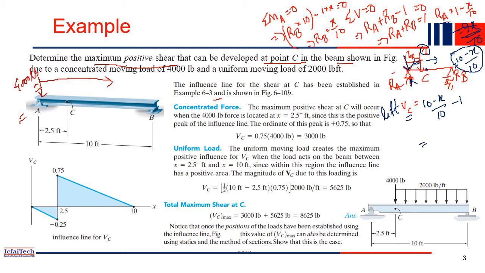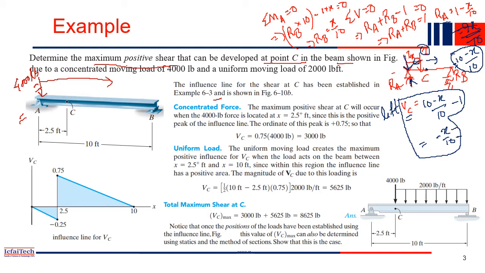So from here you will get minus x by 10. So VC's equation is minus x by 10 when the concentrated load is at the left side of C.